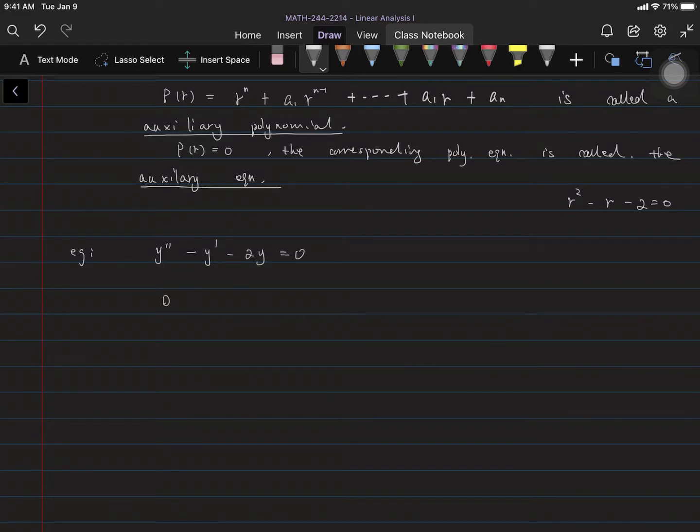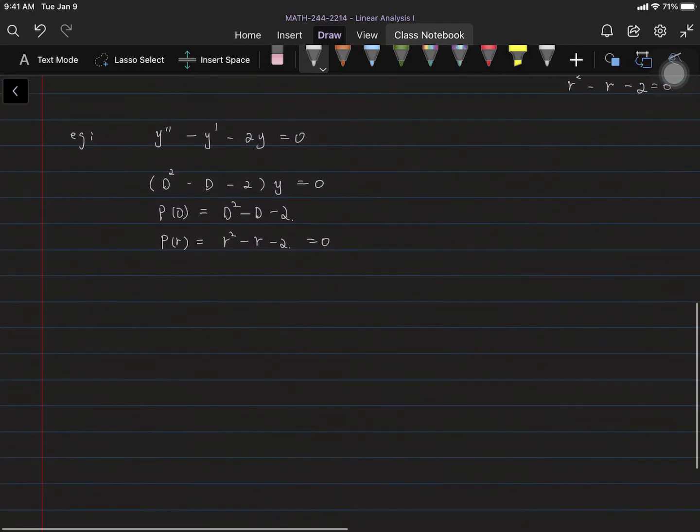That means we can write it as D squared minus D minus 2 applied to y equals 0. So what is P(D)? P(D) is D squared minus D minus 2. The corresponding auxiliary polynomial: we just change D into r, so r squared minus r minus 2. And if we want the equation, we just make that equal 0. So this is the example for definition 1.